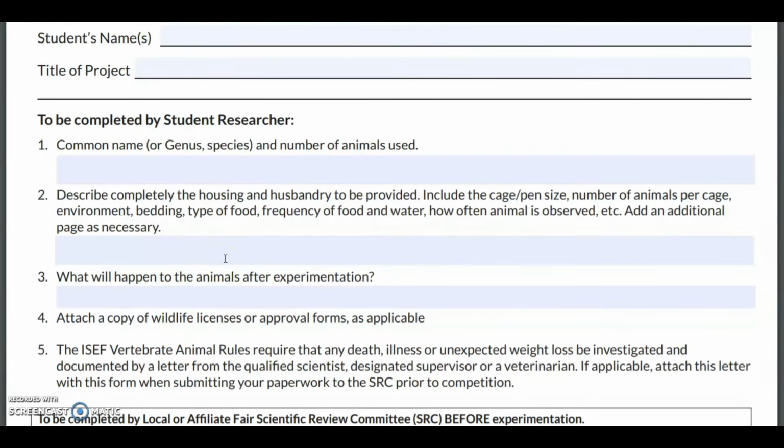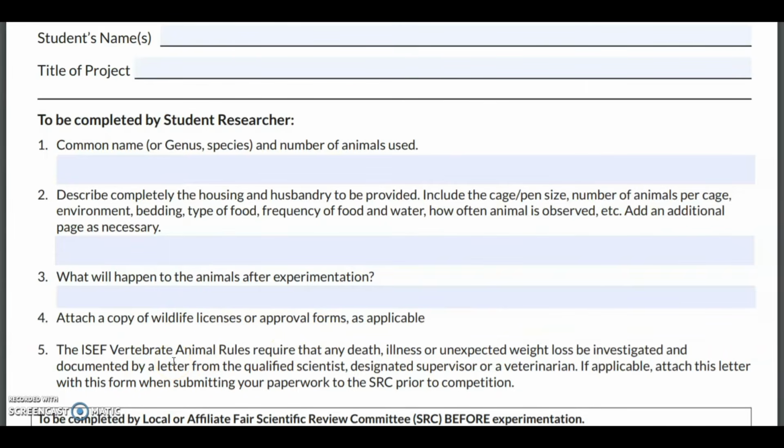They should write the common name and the number of animals that will be used. They should also describe completely the housing to be provided. It also includes the cage size, number of animals per cage, the environment, etc. The researcher should describe what will happen to the animals after the experimentation. You should attach a copy of wildlife licenses or approval forms.